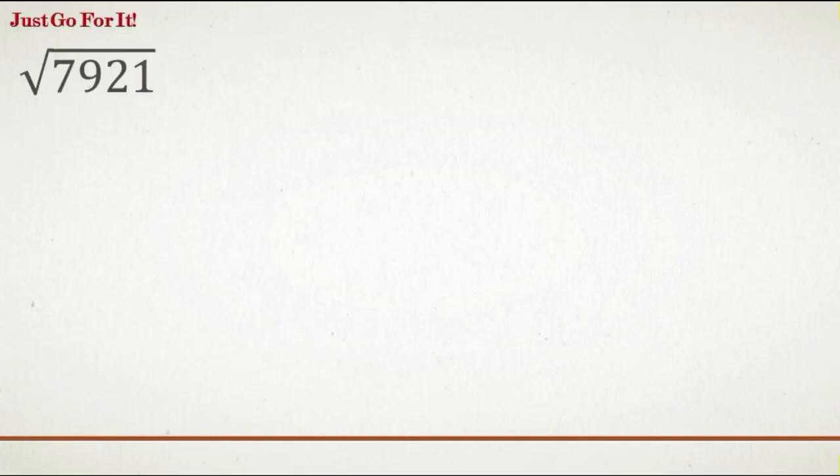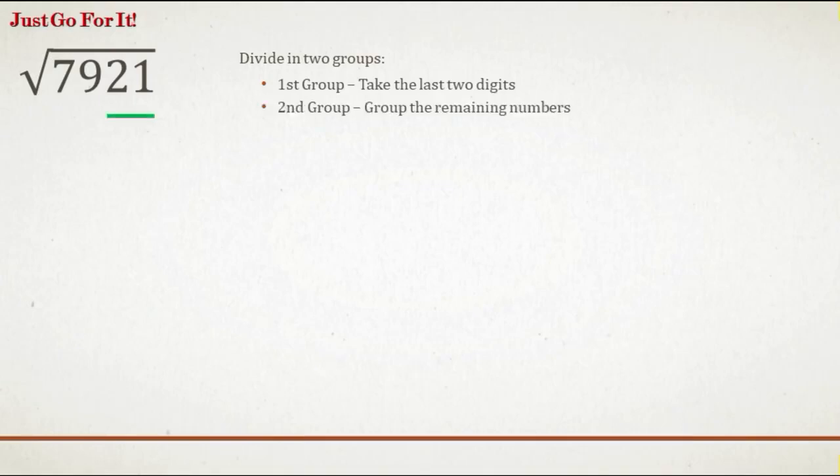Let's say we want to find a square root of the number 7921. So first we'll divide it into 2 groups. The first group will take the last 2 digits. Since it is a square, we are going to take the last 2 digits. And in the second group, we'll group the remaining numbers.